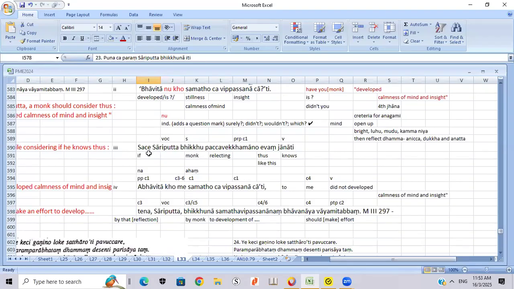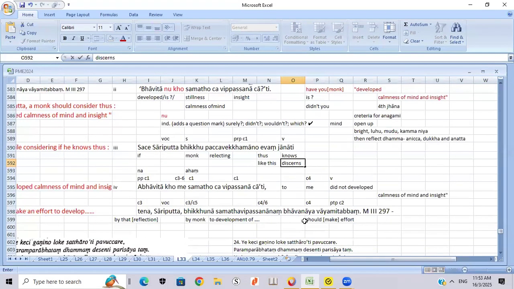Can you see, sace means if? This is a vocative, Sariputta. If the monk reflecting does, he knows. If he reflects, he knows. The word jānāti technically here means knows, it means discern.